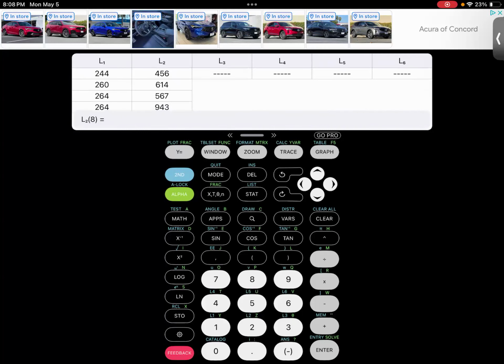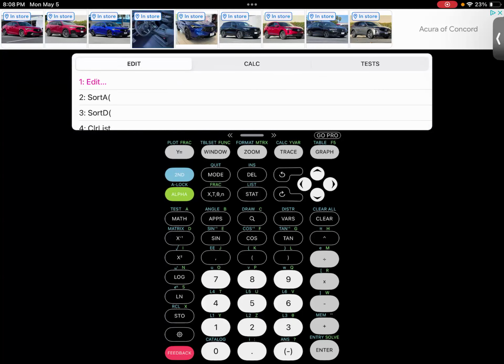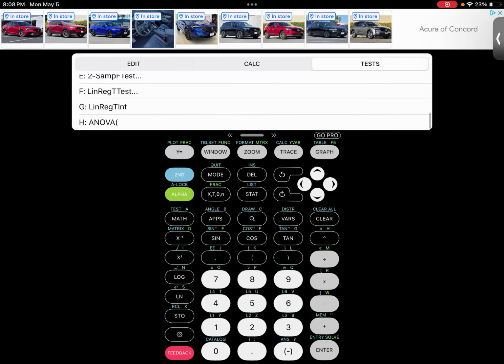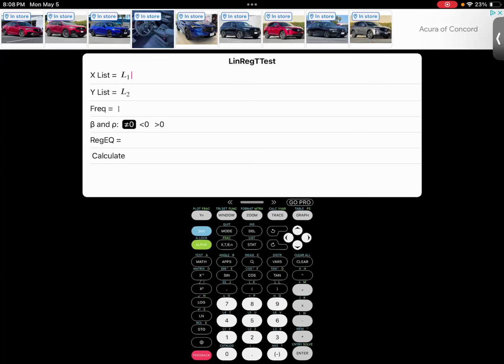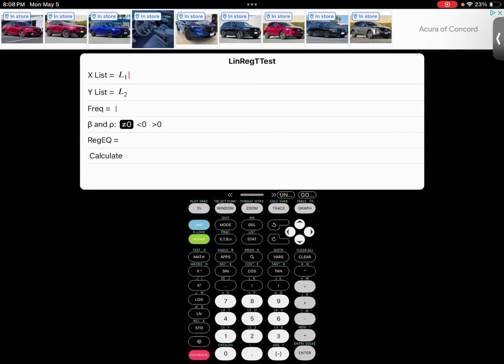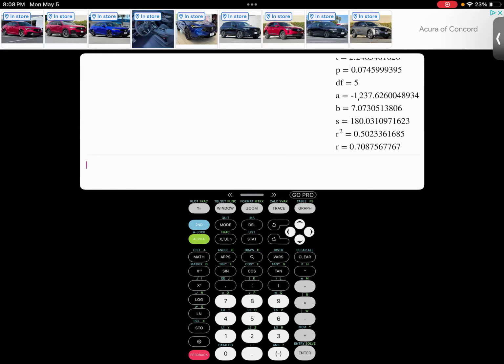Okay, so we're going to go to stats. We're going to go down to tests, and scroll all the way down to linear regression t-test. Same list one, list two, not equal to, blank for reg EQ, and we're going to hit calculate. And here we go.